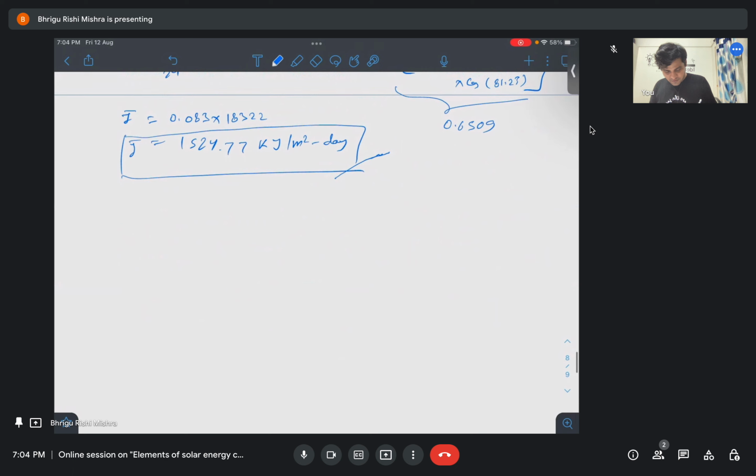So the ratio rD equals ID by HD equals pi by 24 into (cos omega minus cos omega s) by (sin omega s minus pi omega s by 180 into cos omega s).